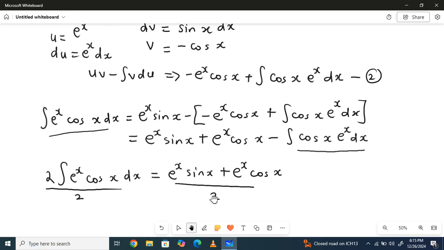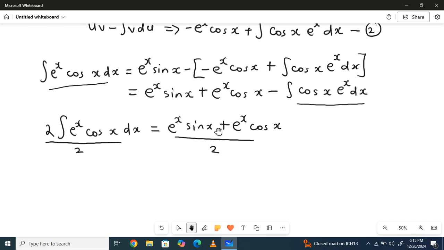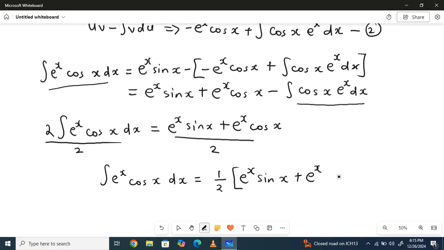And now we see that the integral of e^x cos x dx is equal to, we can simply put everything over 2, or we can write a half of e^x sin x plus e^x cos x, and that's our value. Thank you.